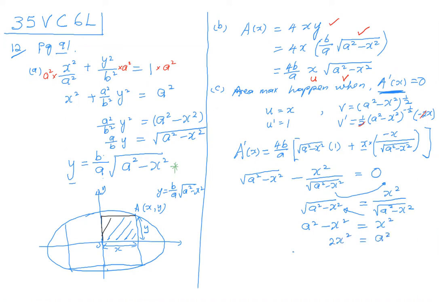Therefore, your x must be greater than 0, so your x is equal to a over root 2. If I give you 3 marks for this, the marks will be: differentiate correctly 1 mark, equate to 0, 1 mark, and here you get another mark. If I ask you to show, you cannot just go from here straight away. At least you do until here.